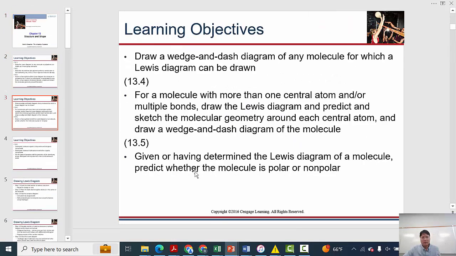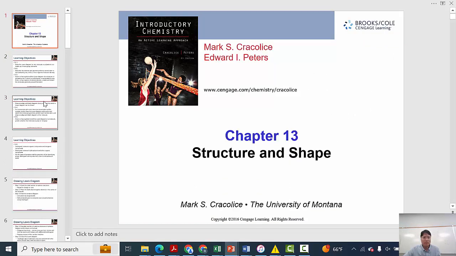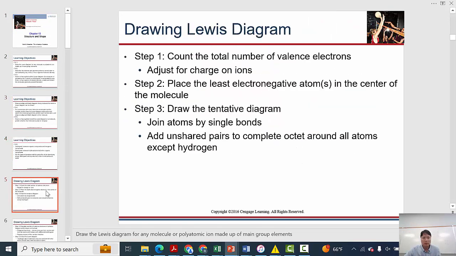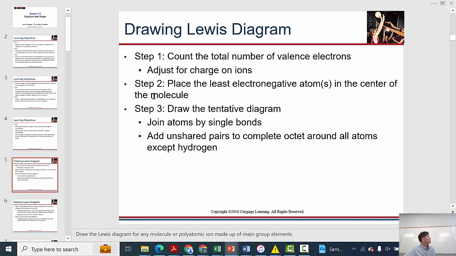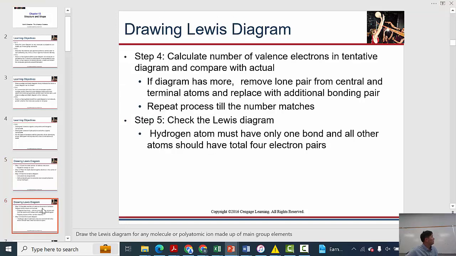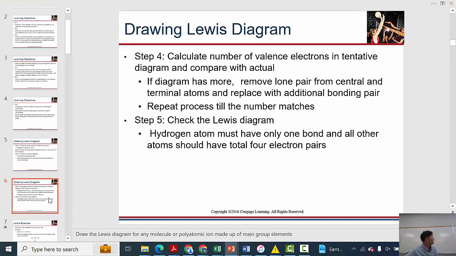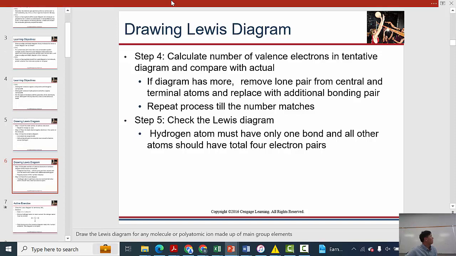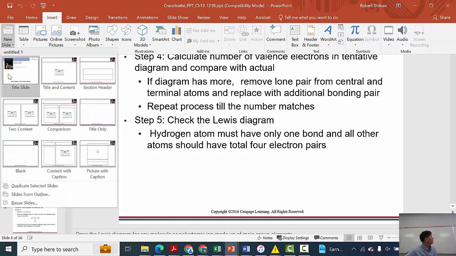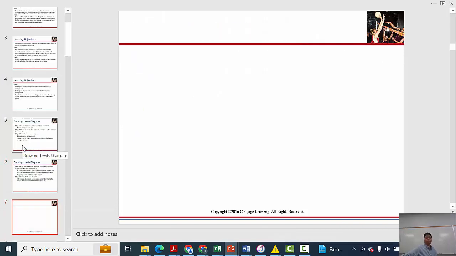All right, so what we're going to do is go through the steps of generating Lewis structures here. There are more things that we can do, so I'm going to do it a little bit differently than in the PowerPoint.